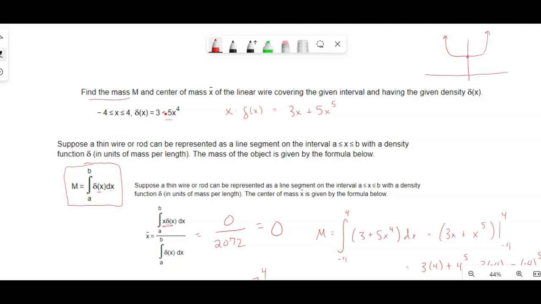There's a negative 4, there's 4. And so the density is symmetric to the left and to the right. So as we move this way, the density goes up the same amount it goes this way. So it's the exact same amount of density at opposite numbers in here. And so it balances out. It's going to give us a center of mass of 0 on the x-axis.